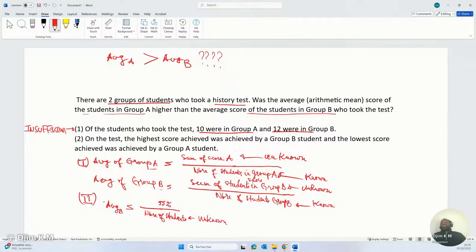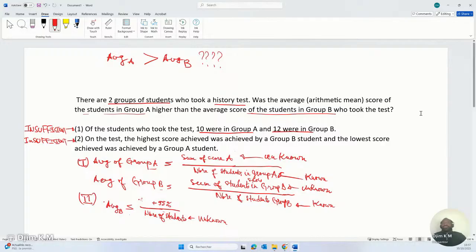So if the number of students is unknown, we can't have the exact value of the sum of the scores of the students in the group, be it group A or group B. So this is also not sufficient because we have a lot of unknown values.